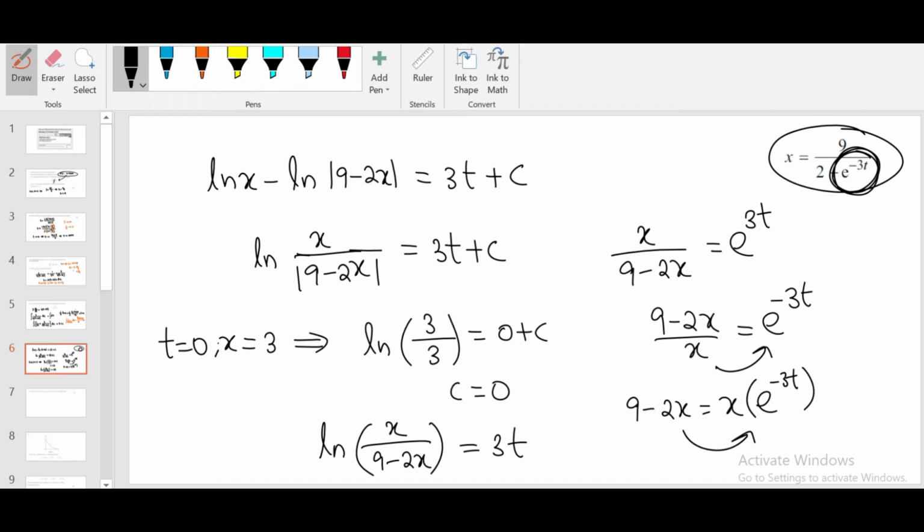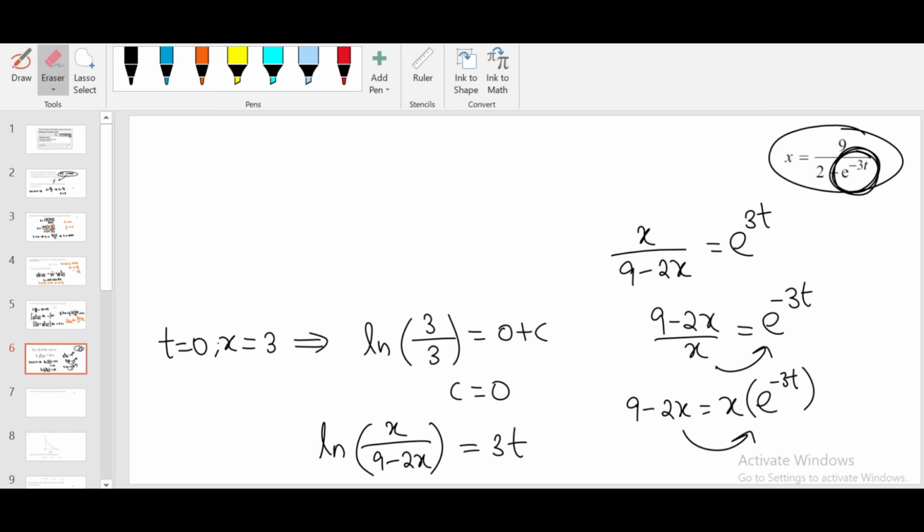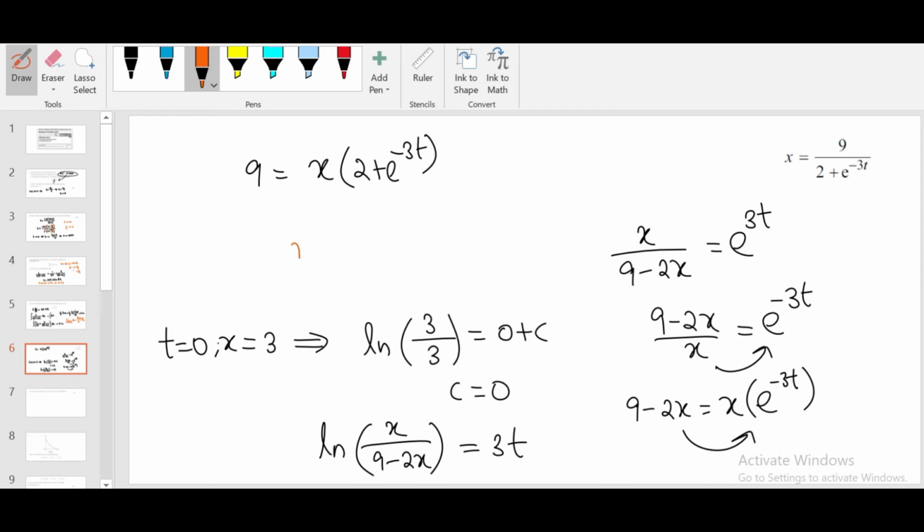Bring the 2x also here. So it's going to be 9 is equal to x times 2 plus e power minus 3t, and then find x. You got the answer already. X is 9 over 2 plus e power minus 3t.